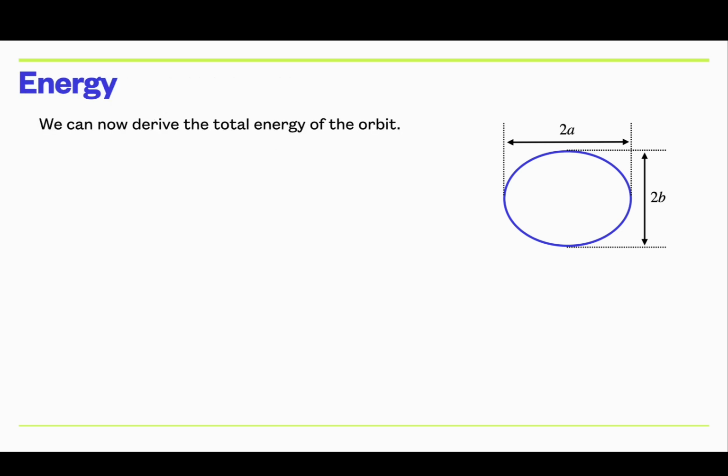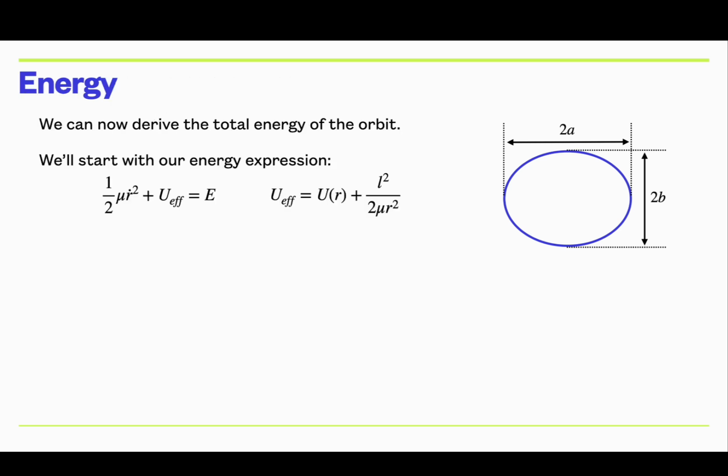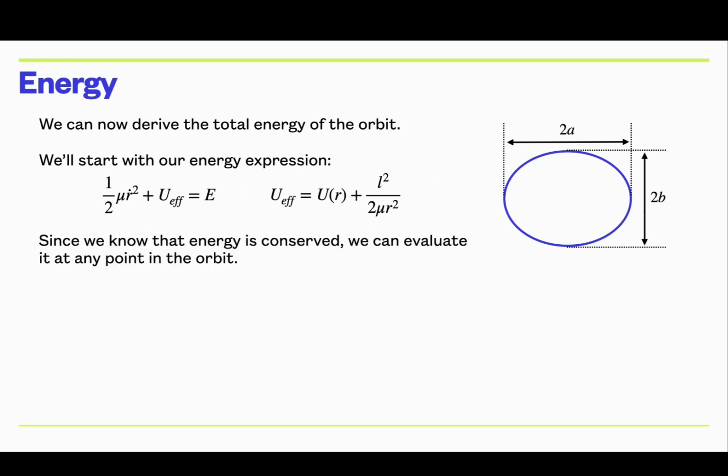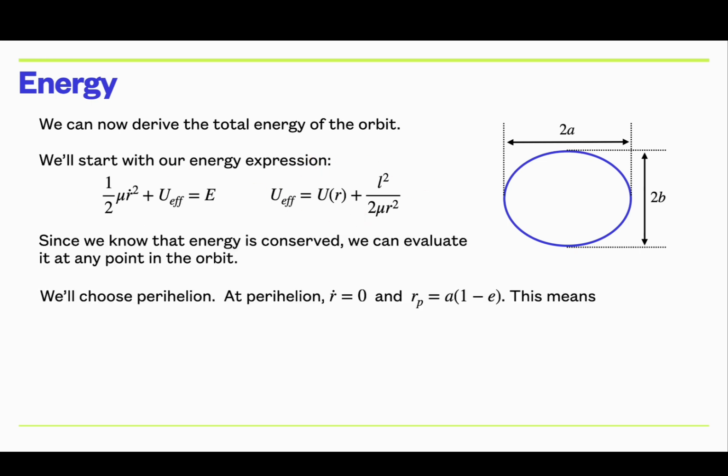You can do a similar thing with the energy. If we start with the energy conservation equation like this, where that's the effective potential, since the energy is conserved, we can evaluate this at any point of the object in its orbit. So if we pick the perihelion point, right here, there's the sun.